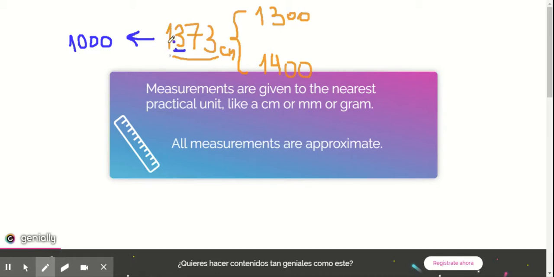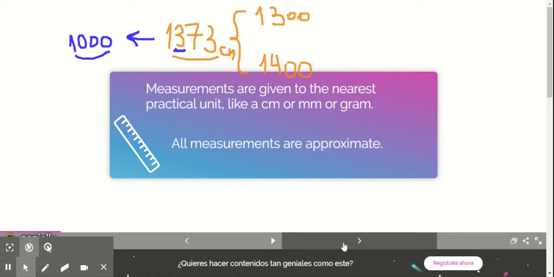The position thousands is occupied by number 1. The next number is number 3, and you don't have to round the number up because number 3 is obviously smaller than 5. That's why I wrote 1,000.